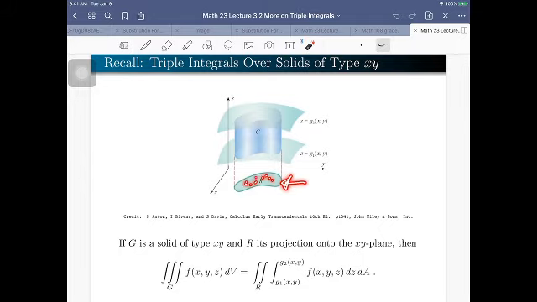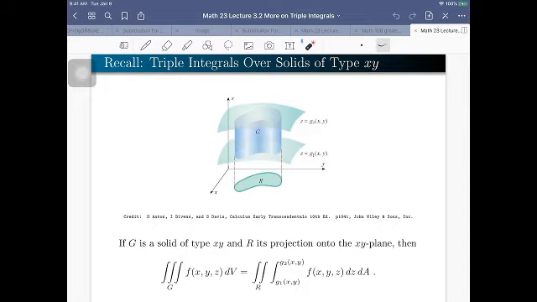And if you have a point xy on R, then you can define the floor of the solid, which is defined by this surface g1 of xy, and the ceiling of the solid, which is defined by another surface g2 of xy.